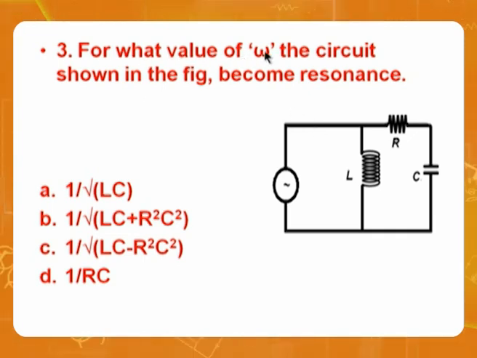Third problem. For what value of omega does the circuit shown in the figure become resonant? Please remember, let them give any circuit, you simply calculate the impedance. Put the J term to 0. If you put the J term to 0, the resonance will automatically come. So let us see.